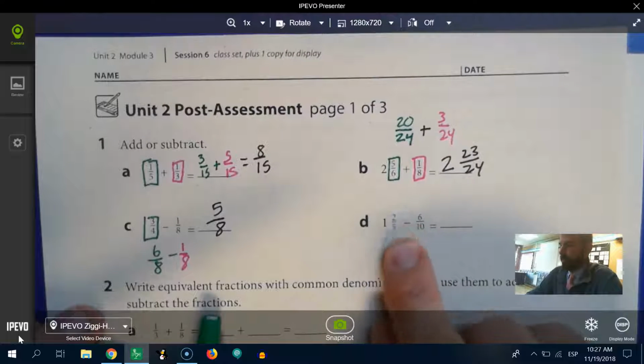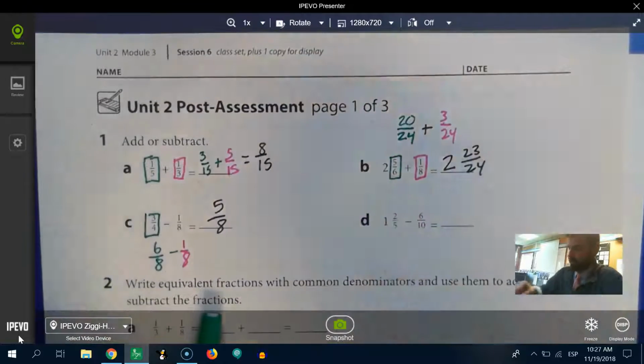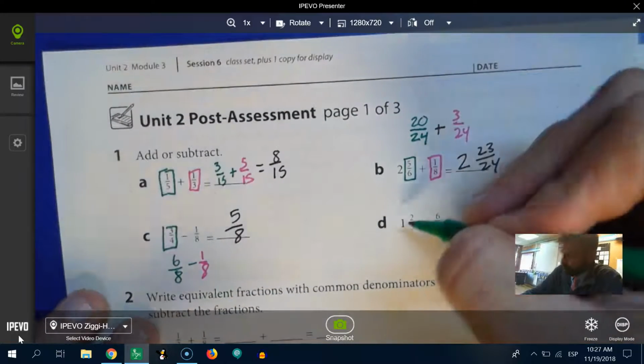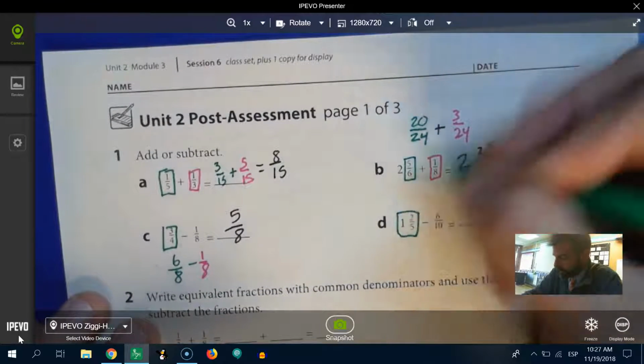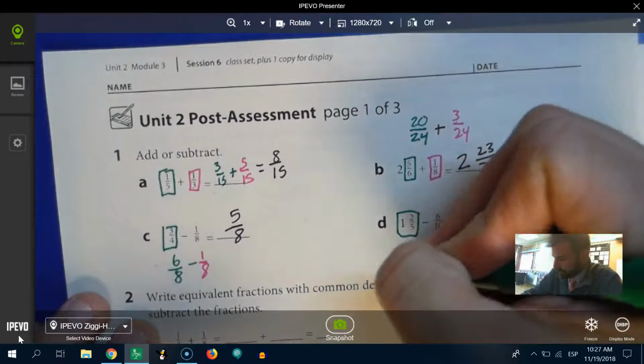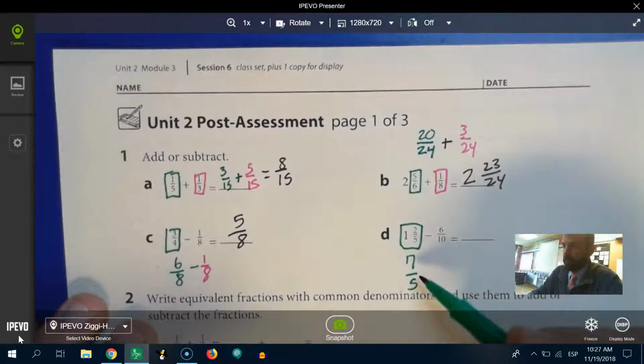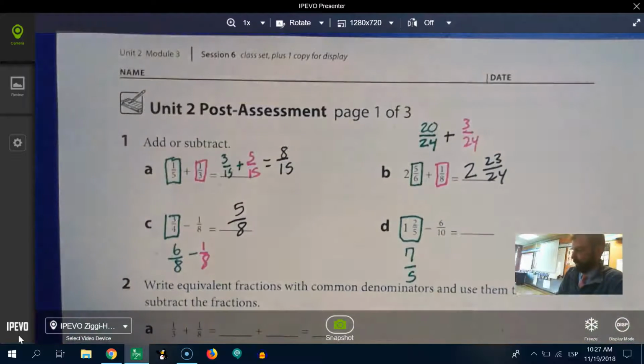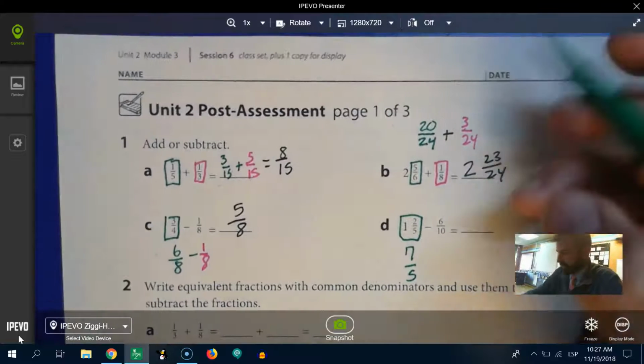So if I'm looking at 1 2/5 and I'm thinking of one whole, and I see this is fifths, how many fifths are in one whole? There's 5. So I can change this mixed number to 7/5, because that means I have 5/5, which is one whole, and then 2/5 more. So there's that 7/5.